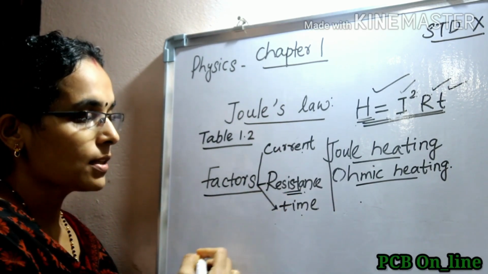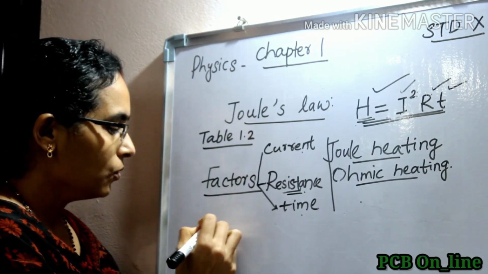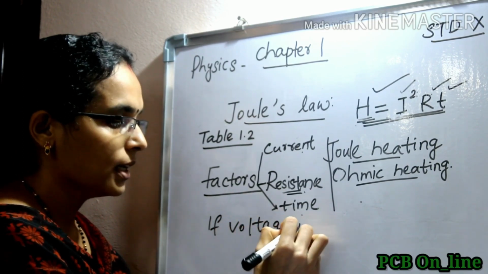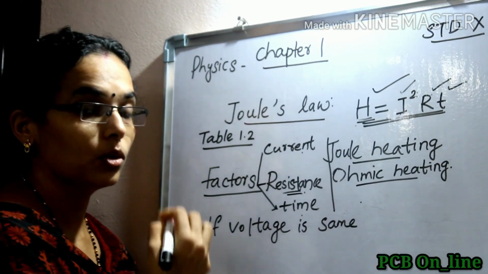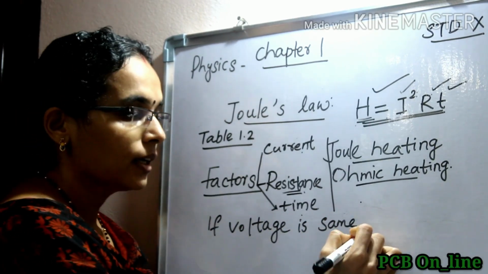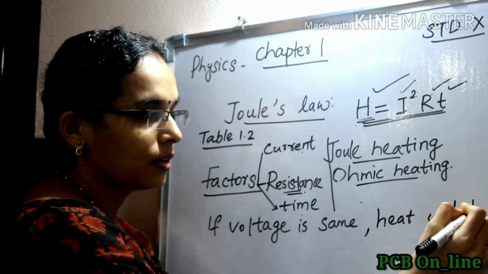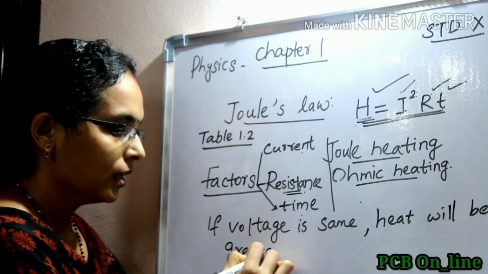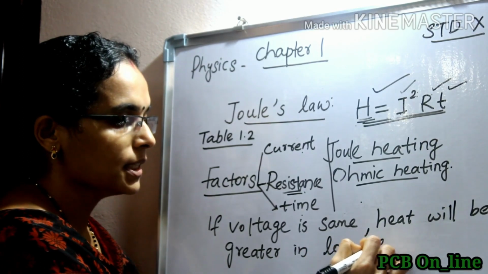How does resistance influence it? If the voltage applied is the same for two resistors, then heat will be greater in the low resistance conductor.